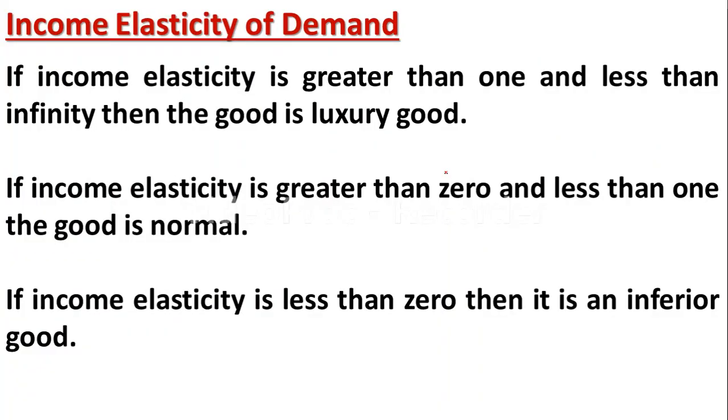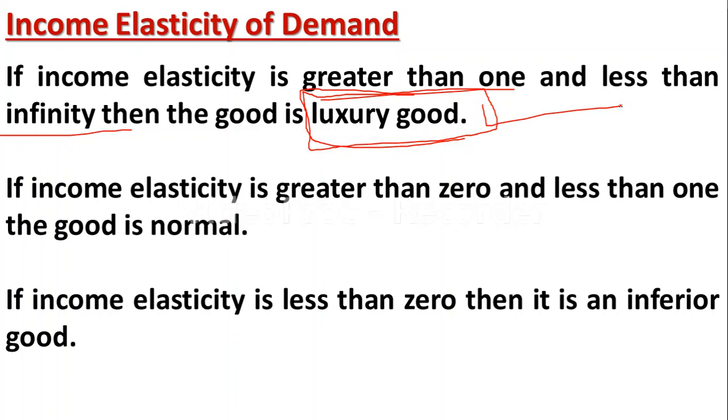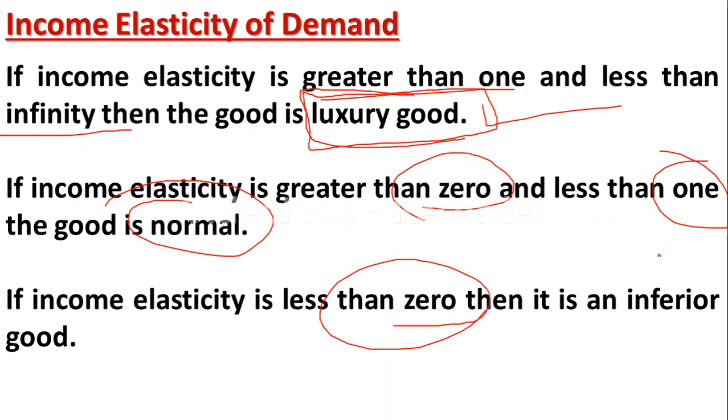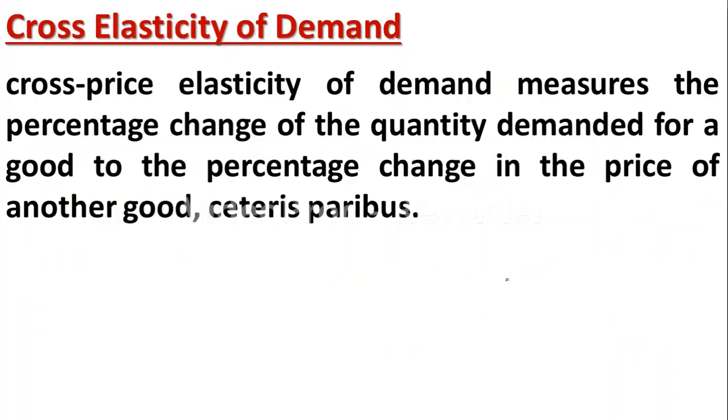So if income elasticity is greater than 1 and less than infinity, then it is a luxurious good. Please remember, if income elasticity of a good is greater than 1 and less than infinity, it must be a luxurious good. If income elasticity is greater than 0 and less than 1, then it is a normal good. If income elasticity is less than 0, then it is an inferior good.